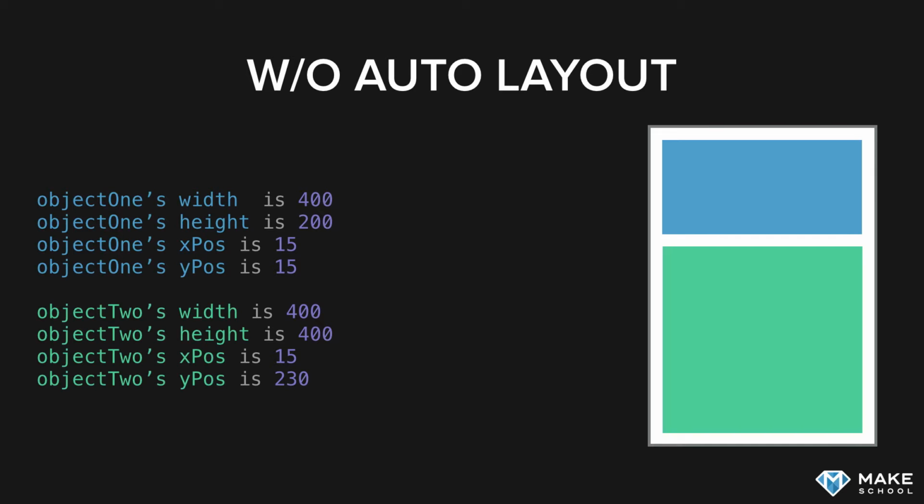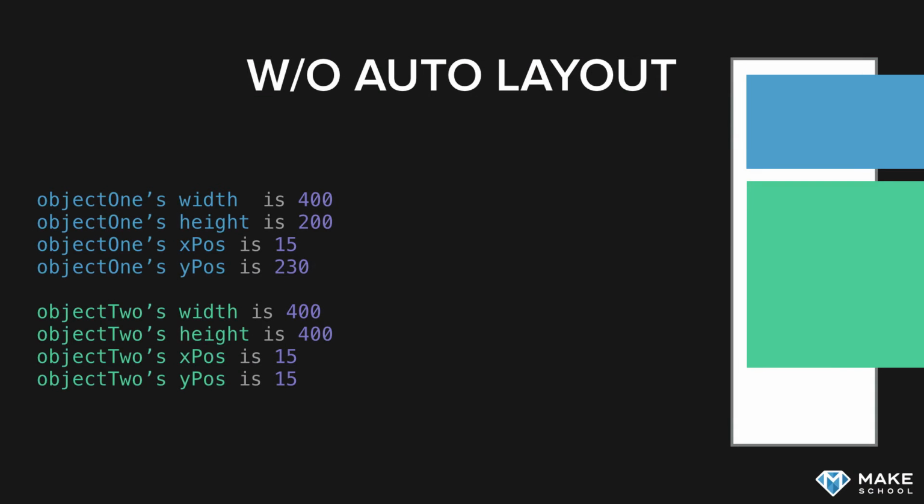But now what happens if we need to support another screen size? Well, this is something that could happen. Our values that we're setting haven't changed. But because the screen size has changed, our values no longer give us the effect that we want.